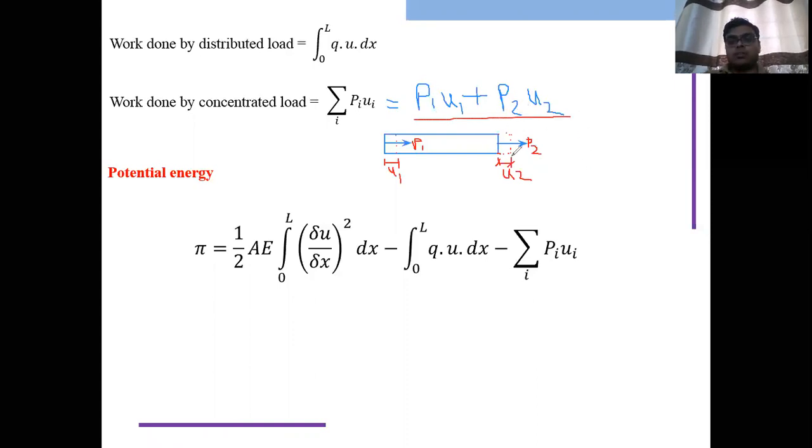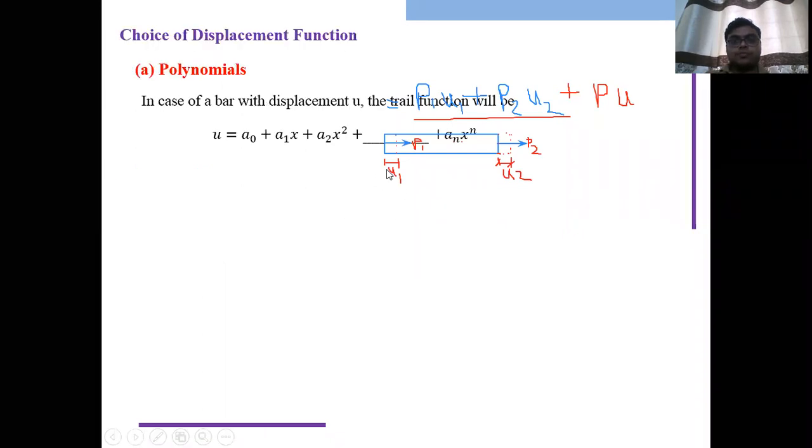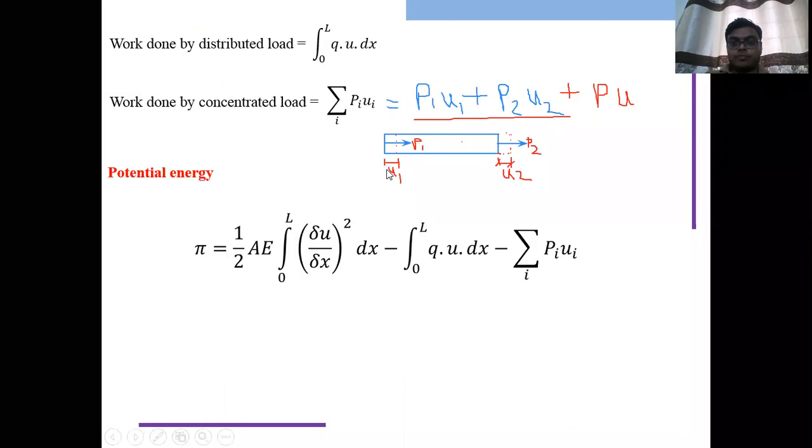Calculating the work done for point loads is simple. If one more load is applied in between, it becomes the addition of these terms, with the corresponding displacement at that point for each load.